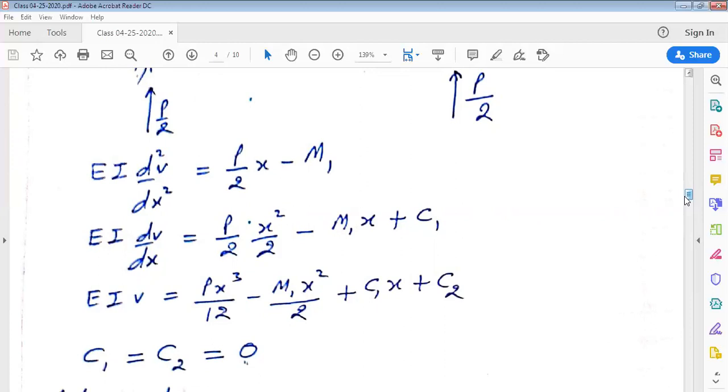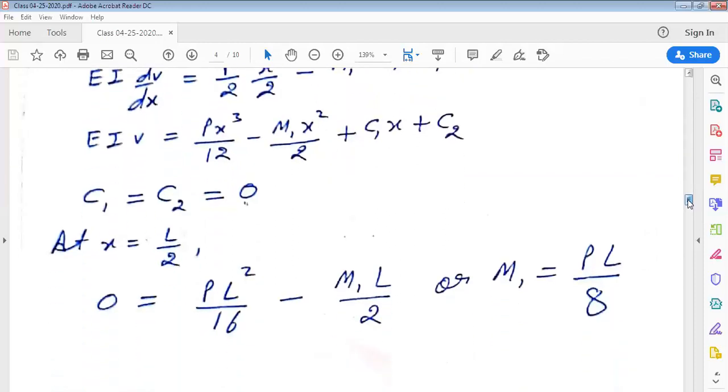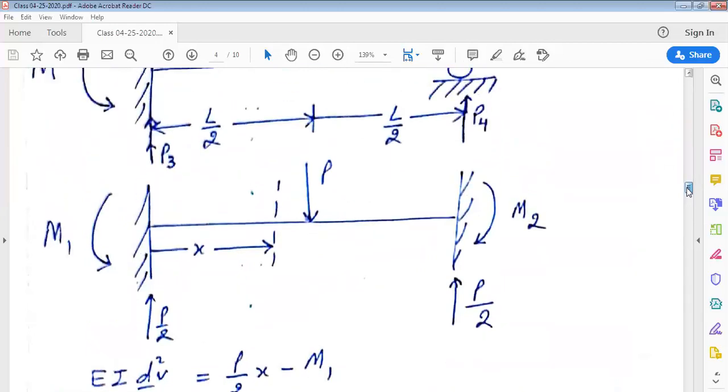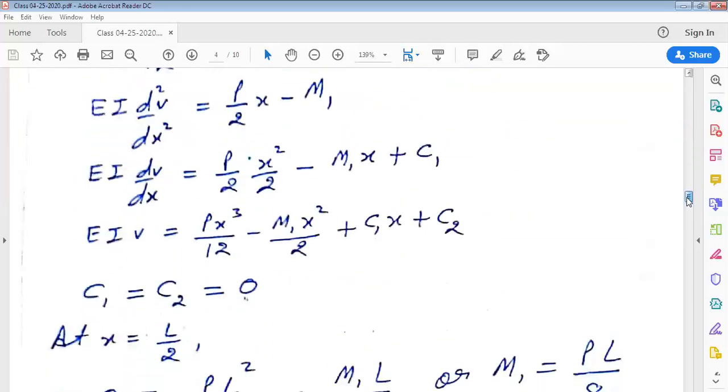Now, if we apply the boundary conditions that at x equal to 0, deflection is 0, and also at x equal to 0, slope is 0, then we find that C1 equal to C2 equal to 0. And at x equal to L by 2, we can see that the slope of this particular system would be 0.